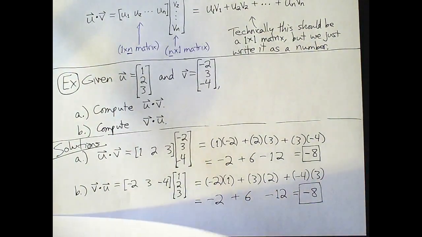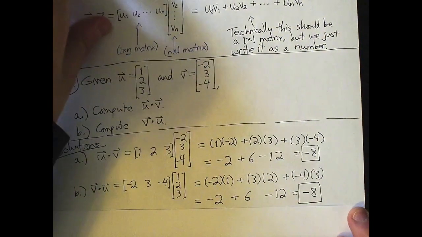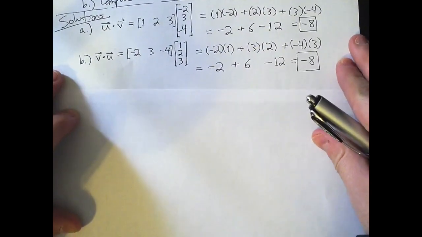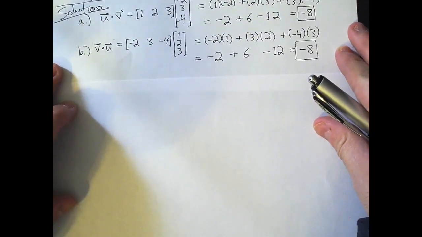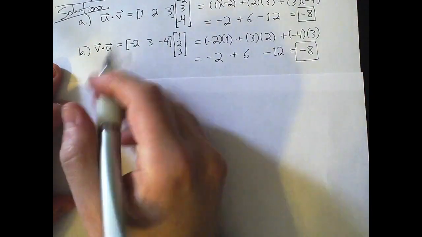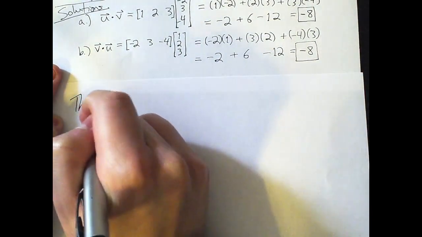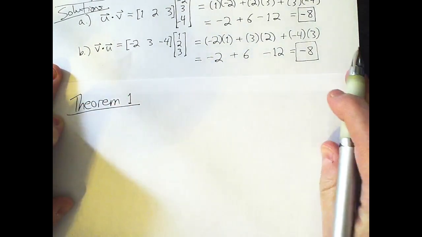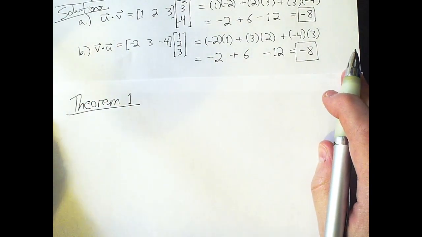Let's move the page up. So we could say as a property of inner products that u dot v equals v dot u, but this theorem is actually going to have a few properties. That's just one of them. All right, theorem 1 for this topic.